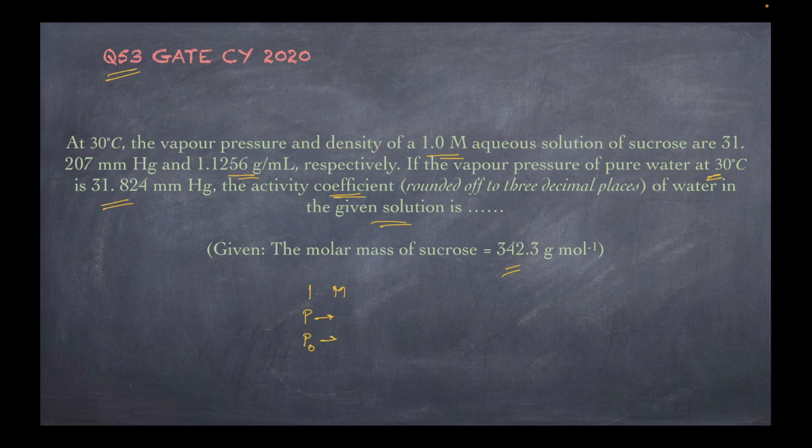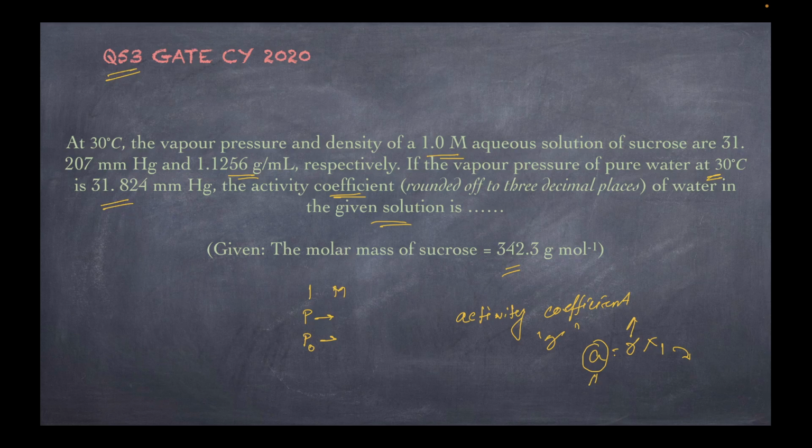The activity coefficient is expressed by the symbol gamma, and the expression is A equal to gamma times x1. That means A is the activity of the solvent in our solution, gamma is the activity coefficient, and x1 is the mole fraction of the solvent, that means water in our case.